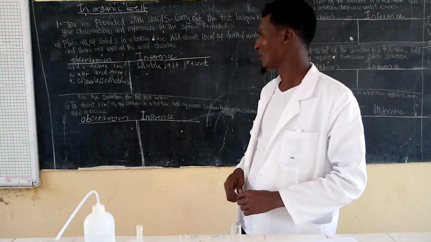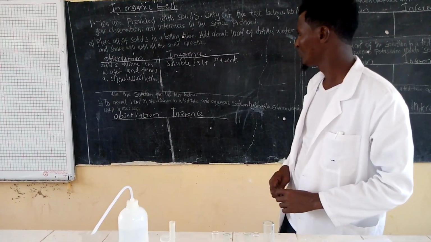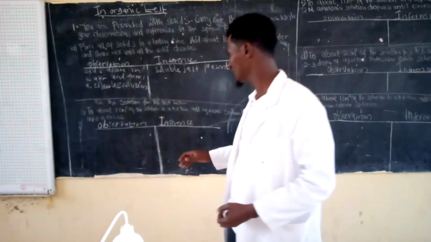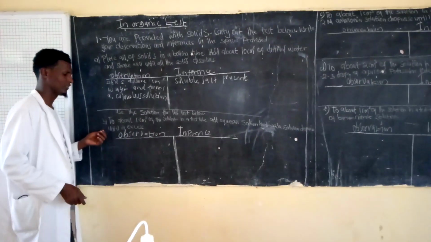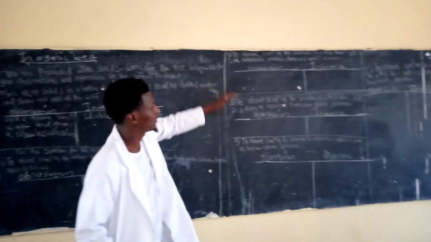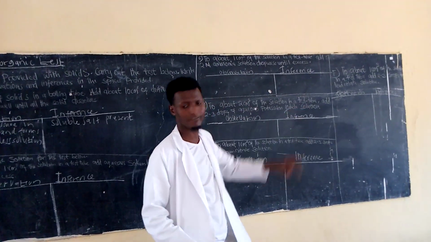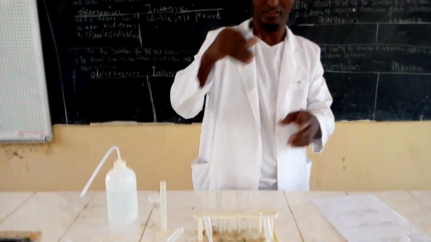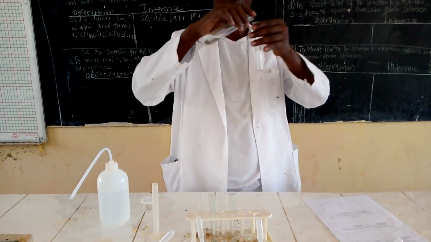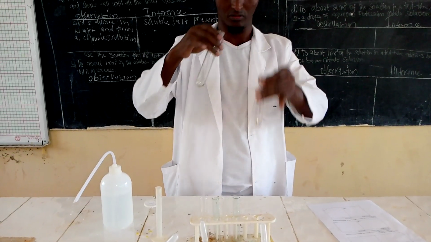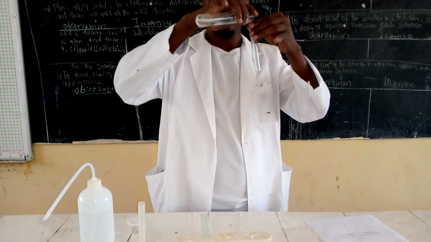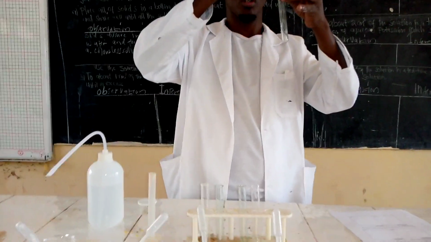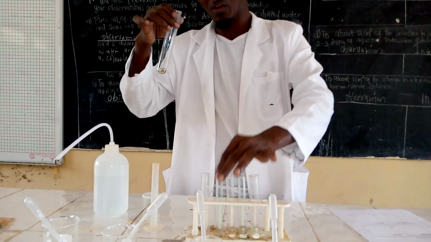Now we were told to use the solutions for the tests below. How many tests do I have? I have 1, 2, 3, 4, 5. So it means I have to divide my solution into 5 test tubes. I'm dividing the solution from the boiling tube into 5 test tubes.